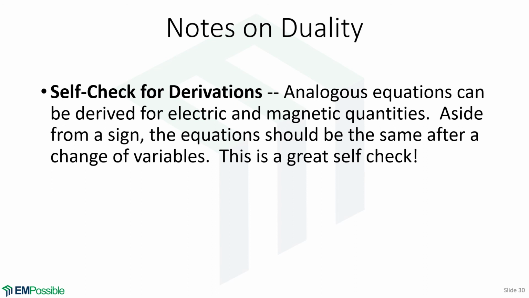And so I can do the derivation twice, and if I get the same answer, that's a pretty good check that I've done the derivation correctly. And I do this all the time.